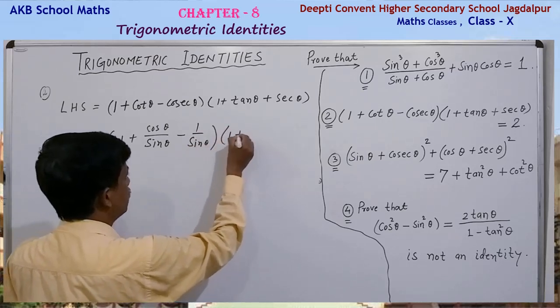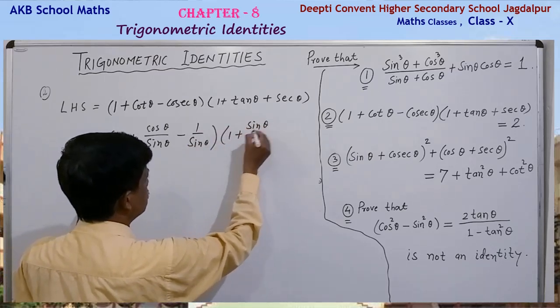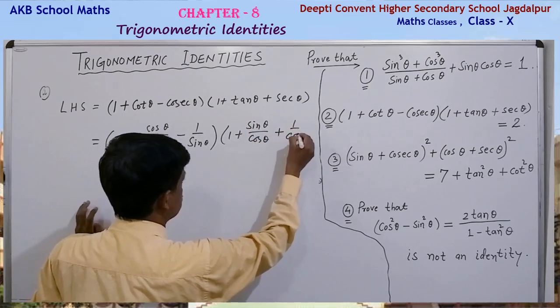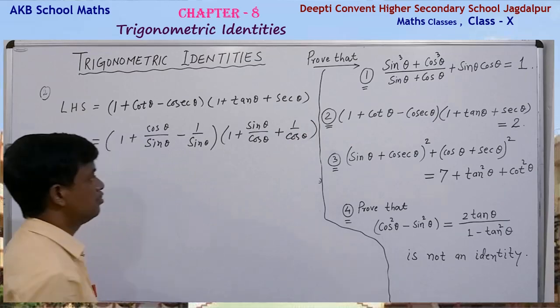Similarly, 1 plus sin theta upon cos theta, and sec equals 1 by cos.